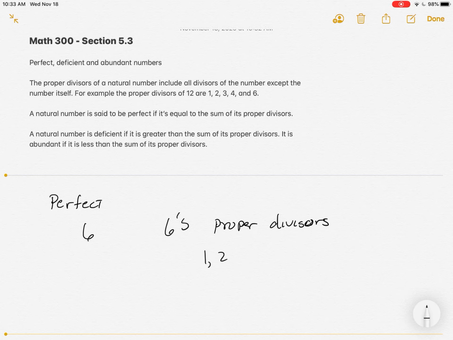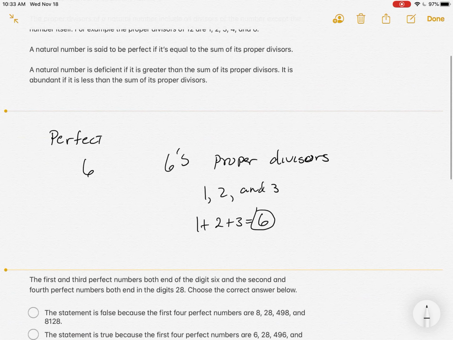So we know 1 goes into it, 2 goes into it, and 3 goes into it. Those are the only three. We check whether a number is perfect by adding those up. If we add 1 plus 2 plus 3, look what we get. We get 6. 6 is a perfect number because it's the sum of its proper divisors.